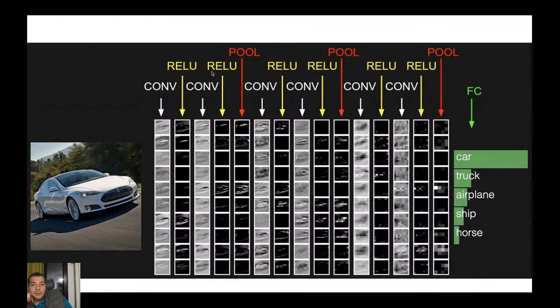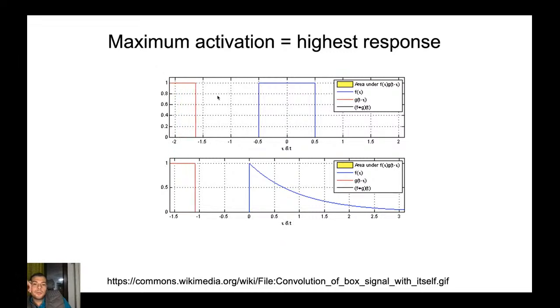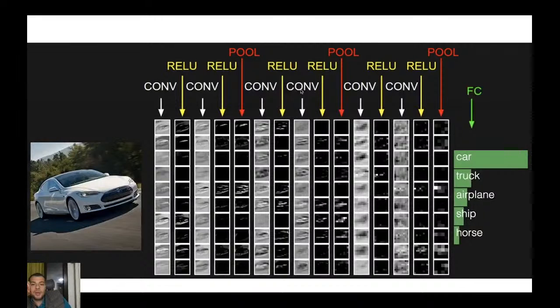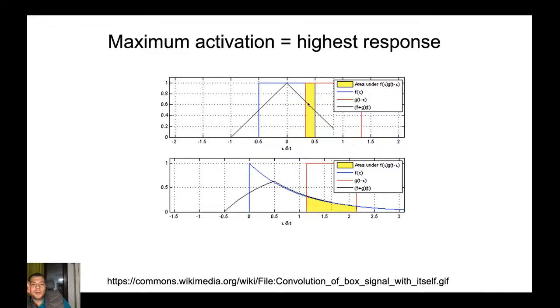Okay, so the typical CNN architecture has convolutional layers and ReLU, convolution, ReLU, and there are also pooling layers that we're going to introduce next. But I just want to observe here that after a convolutional layer we have these activations. Notice that we can also have negative correlations. Here we only have a positive input, but the filters can also have negative values.